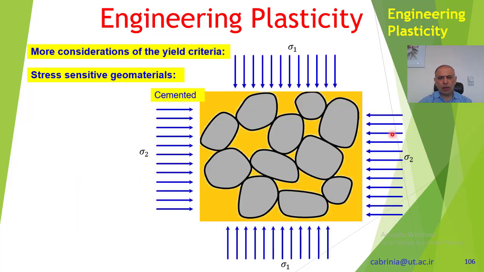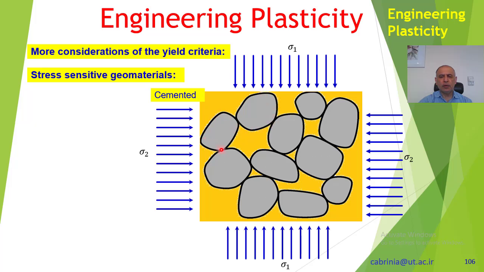Now we have here shown a schematic figure trying to explain what we mean by cohesion strengths in these geomaterials. Geomaterials usually are like this. Also, the parts that are made from powder metallurgy are like this. We have a granular structure like this.